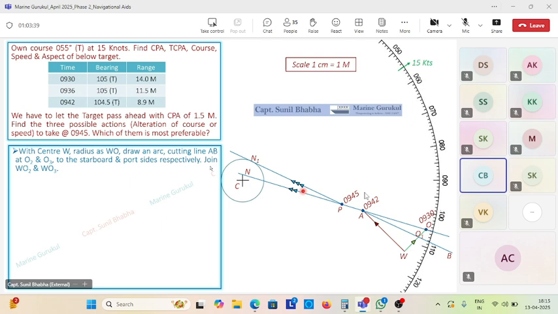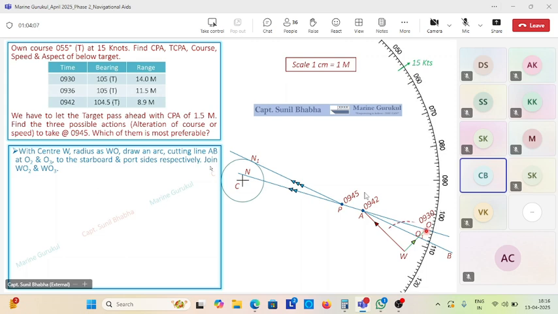This vector represents the distance covered by the ship in a period of 12 minutes. So we open up our compass equal to WO, center our compass at point Whiskey. With center at Whiskey and radius equal to WO, we draw an arc.